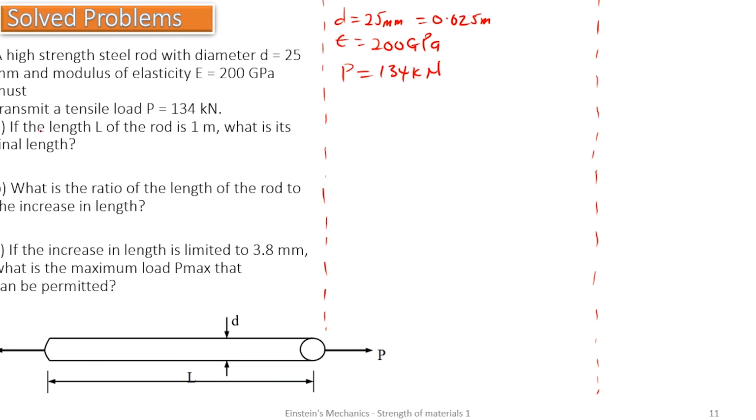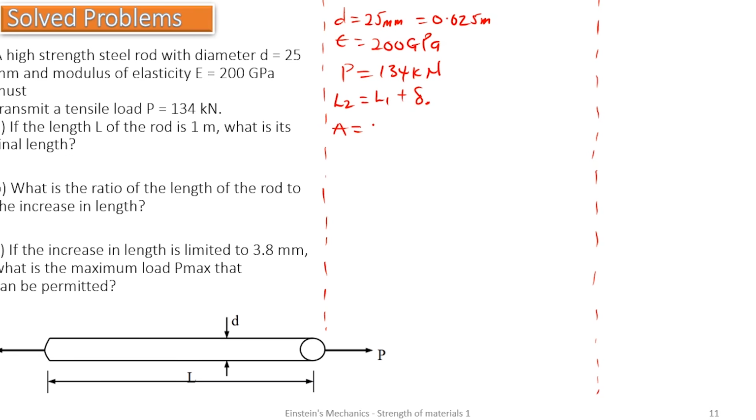Now, if the length L of the rod is 1 meter, what is the final length of this steel rod? And we know that always final length, which is L2, should be the L1 plus the elongation produced in the bar.